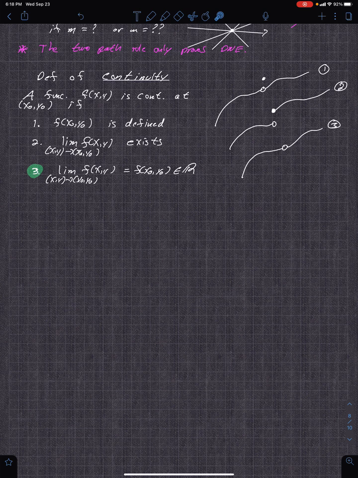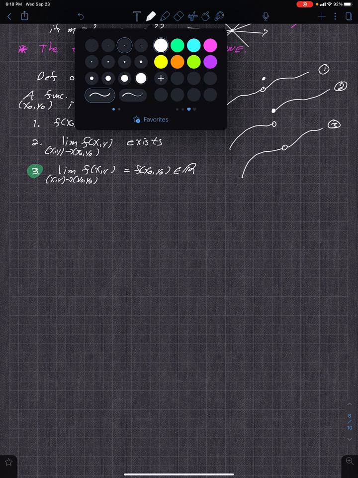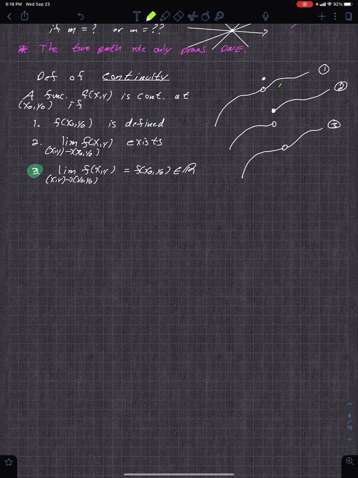So which one of 1, 2, 3 fails? On the first case, is the function value defined? Yes, it's whatever this value is. Does the limit exist? Yes, it's the same point on both sides. Do they equal each other? No, they don't equal each other. So this guy fails 3.